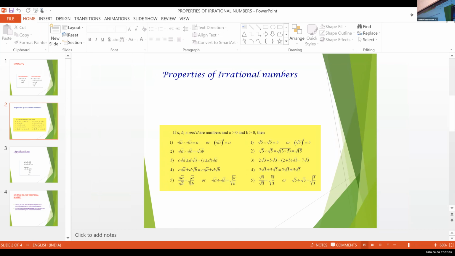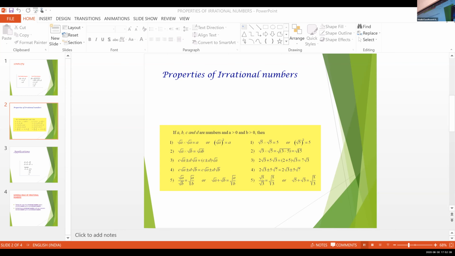These are the rules. This is the first rule. Can you see it? Root A into root A equals A, or root A whole square equals A. This is the first rule that we have studied.